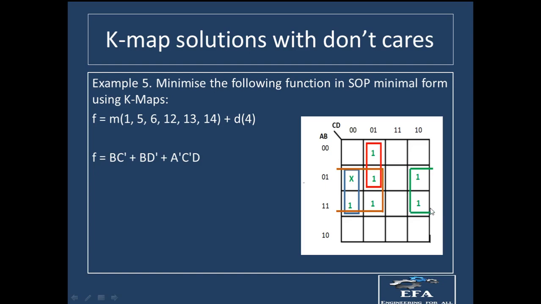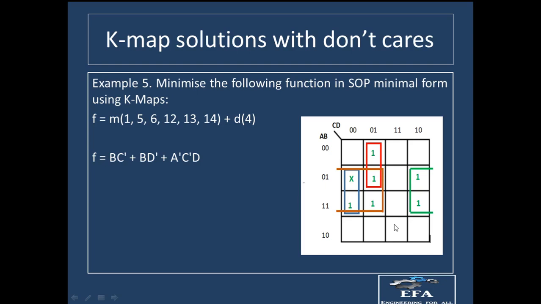Okay, now let us say that there is a don't care in this example only, and it is located at this position. Now you can see that this don't care is not making a pair with any of the ones or with any of the don't cares, so we will not take this don't care in our output.